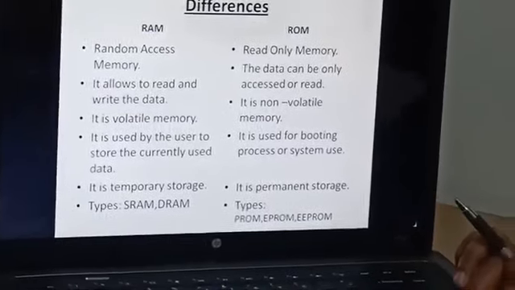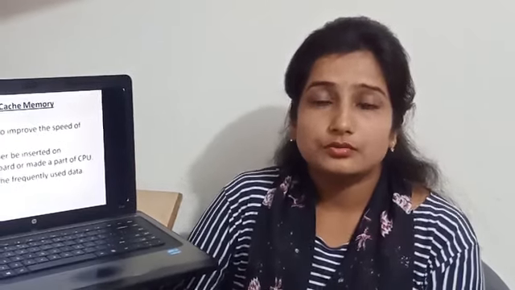So let's move to the next concept, that is cache memory. The concept of cache is related to your day-to-day life. Let's understand it with a simple example. Suppose we are organizing a function in your school, and some of the students of your class have taken part in many functions, so we are calling their names again and again.